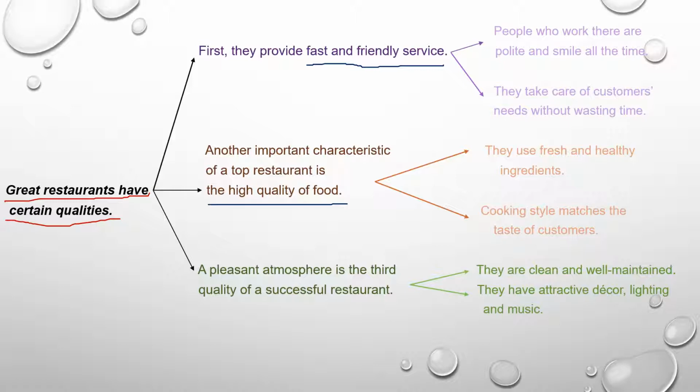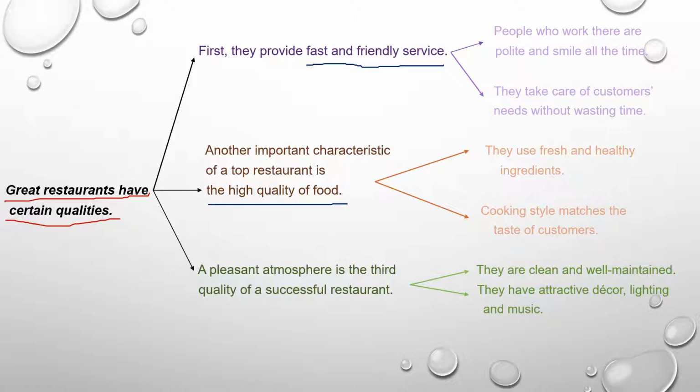They use fresh and healthy ingredients. Yes, that helps with the quality of food, of course. And the second detail here would be cooking style matches the taste of customers. So two details to make my idea in the supporting sentence very clear, and the details are working very well actually.